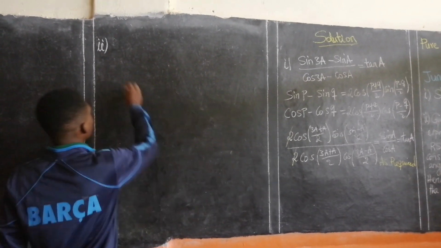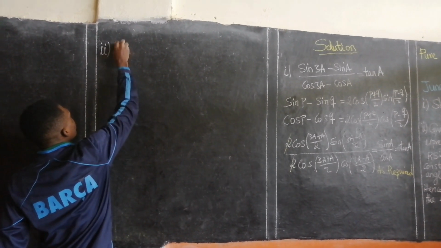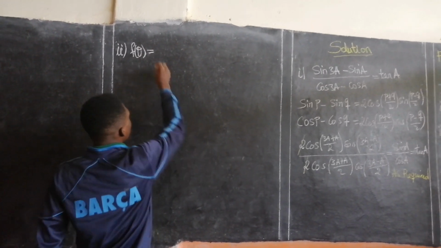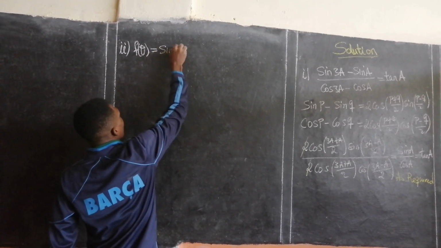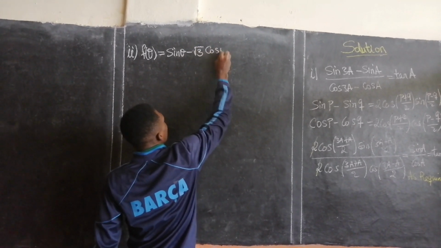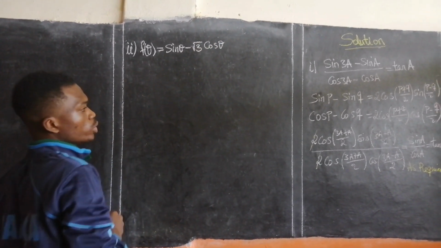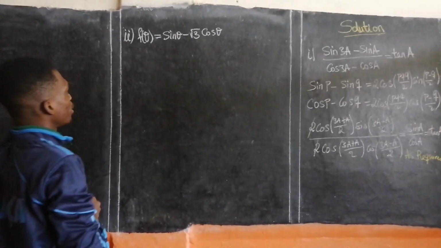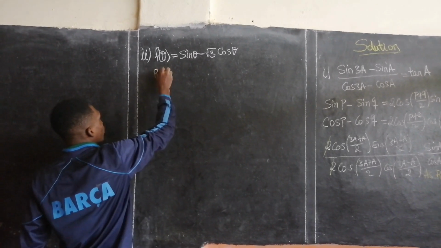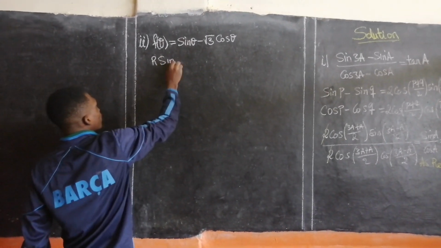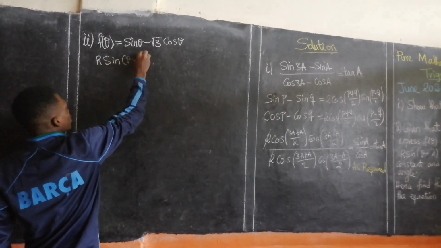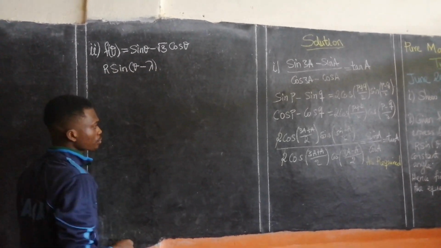We have that f of theta is equal to sine theta minus root 3 cos theta, and we have to express this in the form r sine of theta minus lambda.